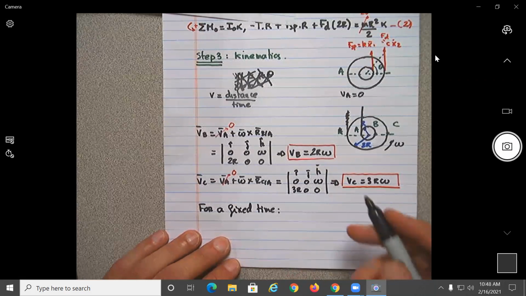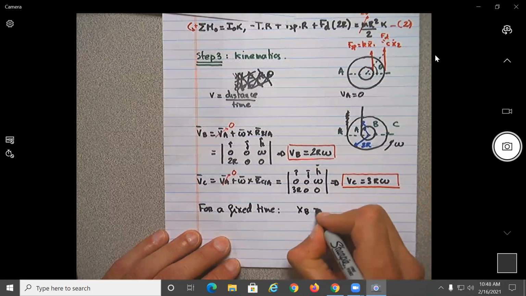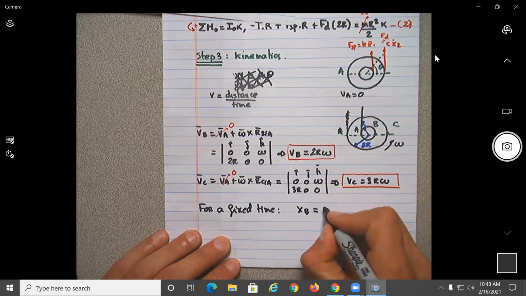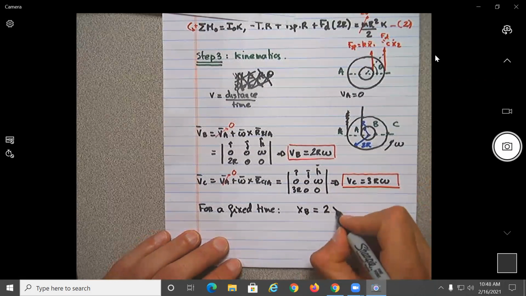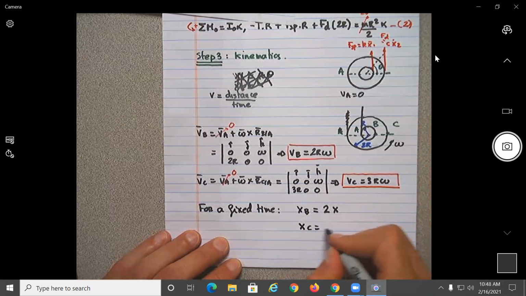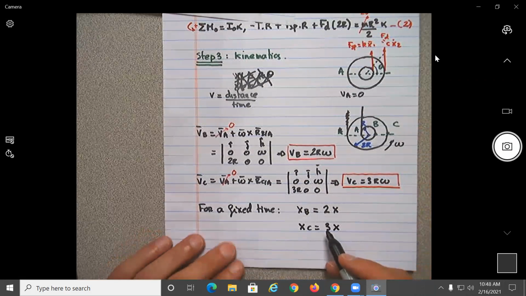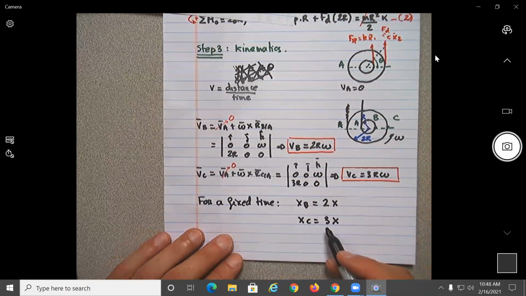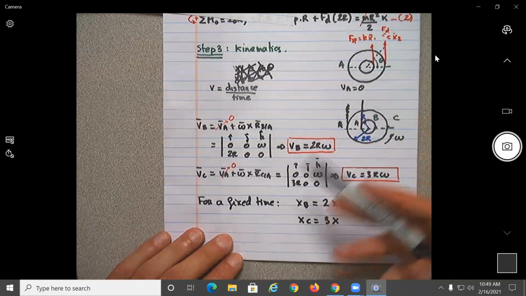So let's say we could just say that xp would be equal to twice the distance x, and xc would be 3x. Is that clear, or do I need to give more detail? Okay, I could solve for the angle and equate, and it will give me the same thing.